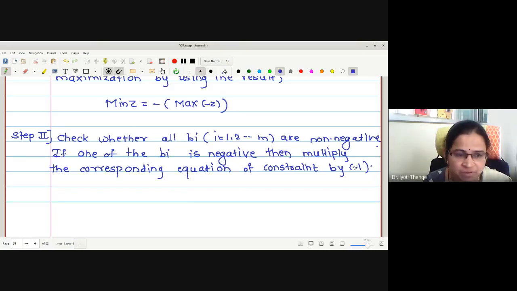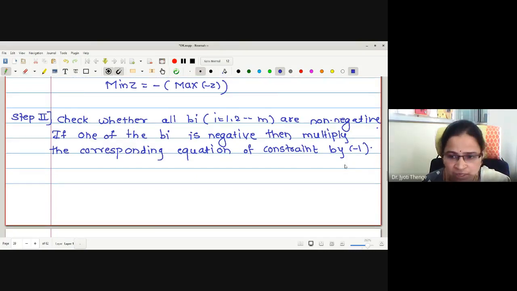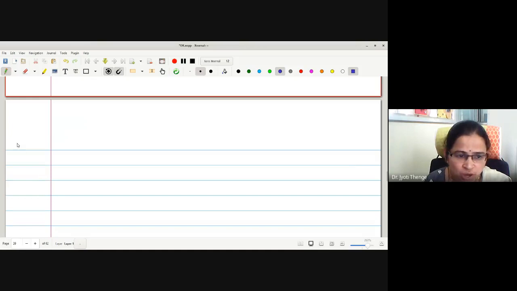In the third step, we are going to convert all the inequalities to equations. How are we converting all inequalities to equations? By using slack or surplus variables.